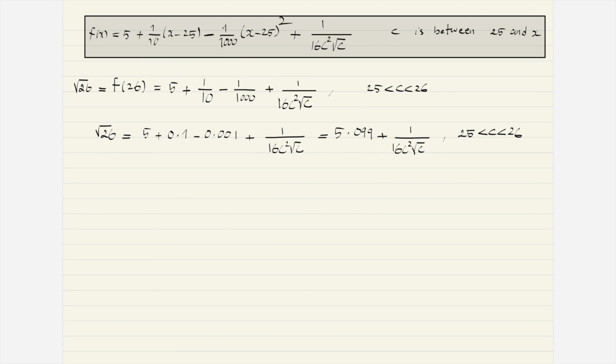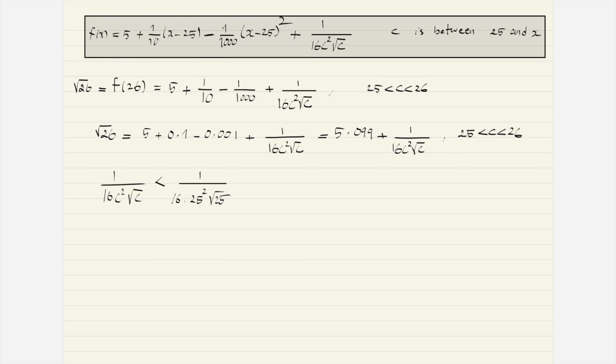Okay, but let me estimate how bad this approximation is, so I want to have control over it. This expression 1 over 16 c squared square root of c is definitely less than the same expression if I replace c with 25. Why is that? I want to find an upper bound of my error. I want to see what is the error that in the worst case scenario I am making.